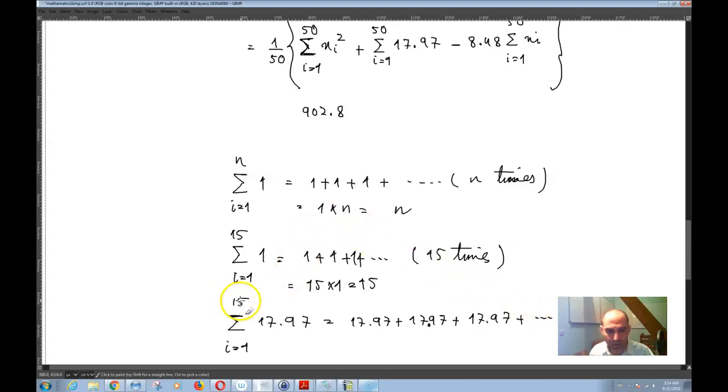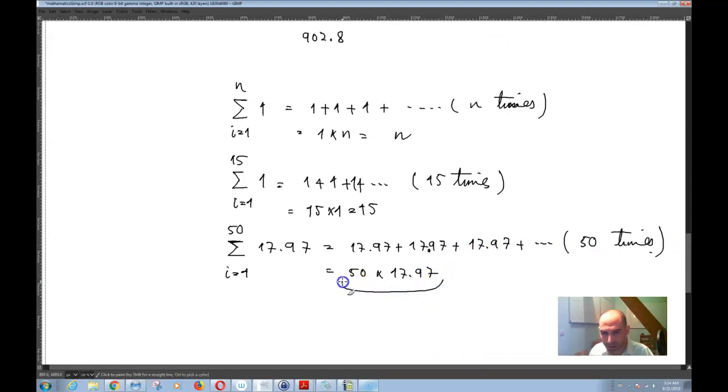Let's make it 50 times, for example. And that's exactly this thing over here, which is the same thing as 50 times 17.97, whatever that is, it's not important, but it has to be equal to this.